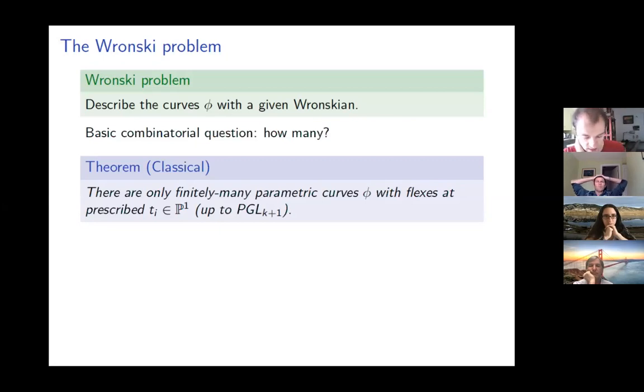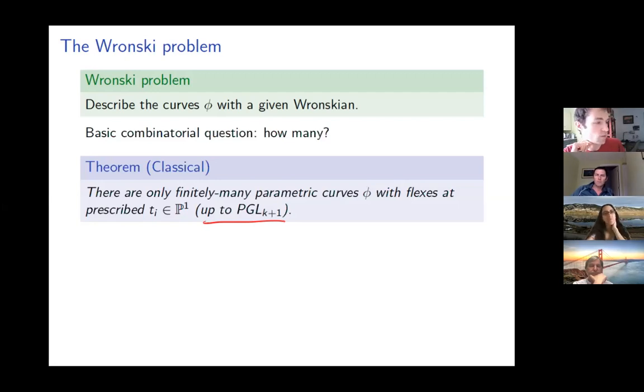And here I should say this is up to projective coordinate change. So if I'm just writing down the same curve but in different ambient coordinates, then I'd have infinitely many. So we're not going to count that. So there's finitely many up to projective change of coordinates.